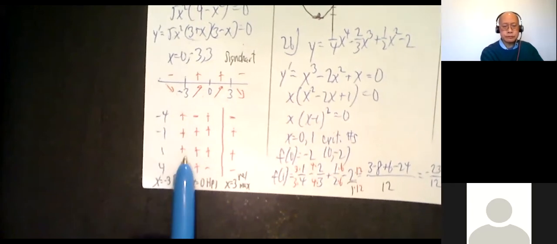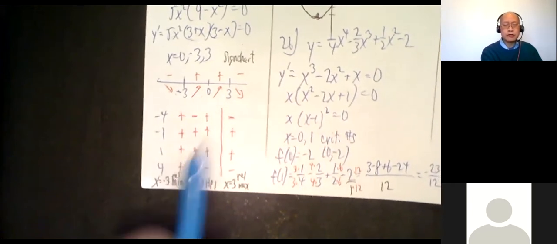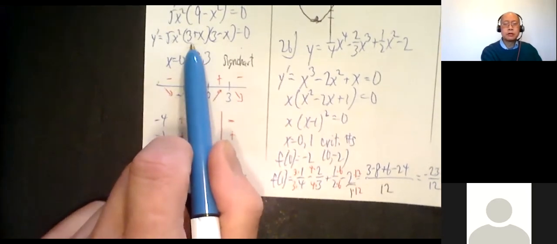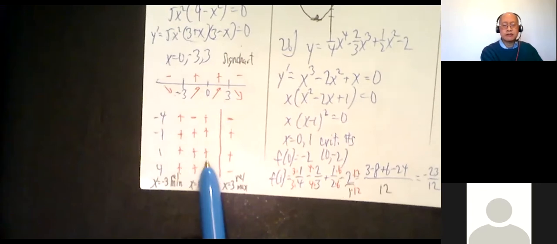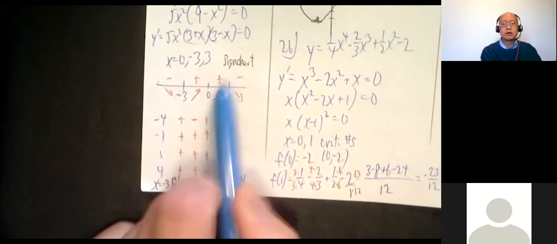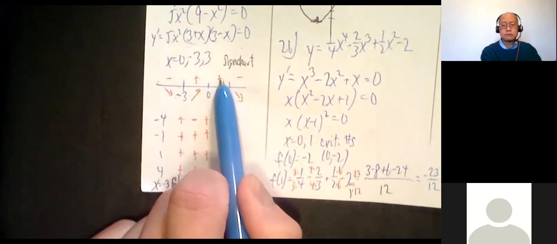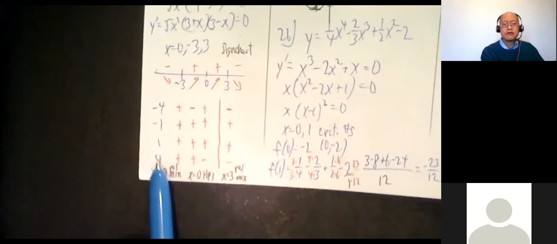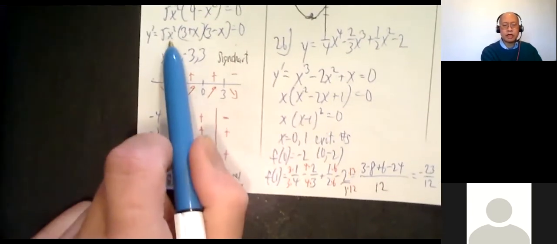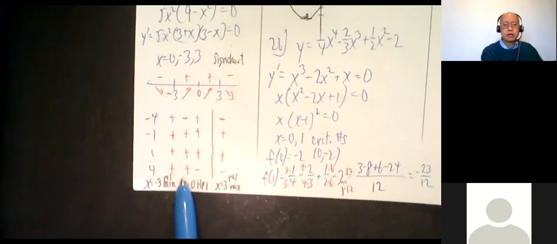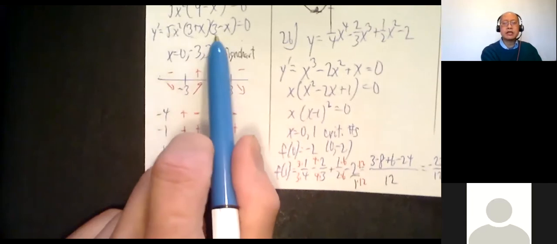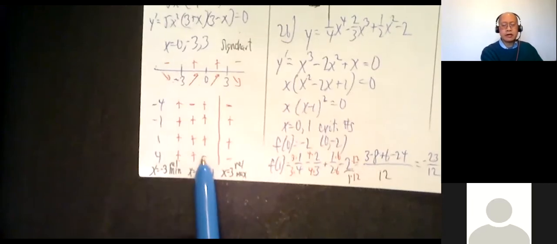Plug in 1. We already know that's positive. 3 plus 1, positive. 3 minus 1, positive. Positive times positive times positive, positive. Finally, 4. We already know that's positive. 3 plus 4, positive. 3 minus 4, negative.